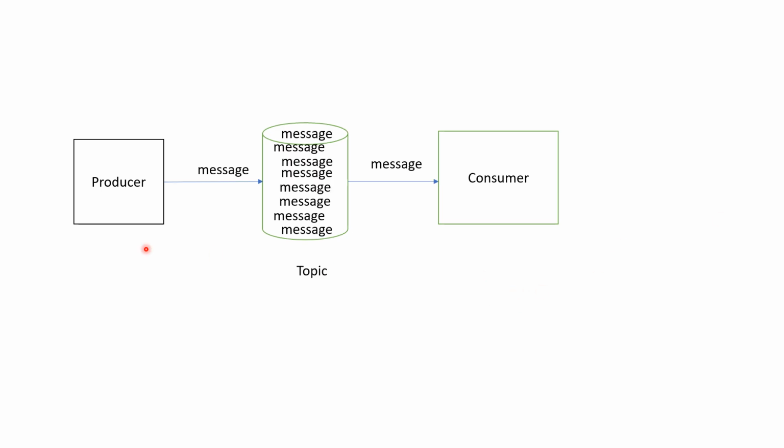Next, assume producer is producing a lot of messages. The volume of messages is huge. Then you cannot store all the messages in one topic. So what can we do? So here partition comes to rescue.